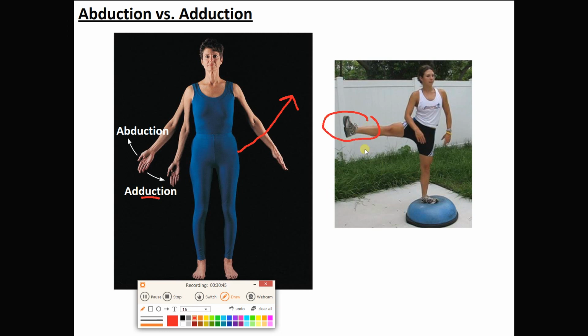When you move it back towards the body, that's going to be adduction. Think about it. If you add your arm and your leg to your torso, you're going to do adduction. If you're abducting them, you're taking them away, right? Perfect. So we can abduct and adduct, and notice these motions are in the frontal plane.